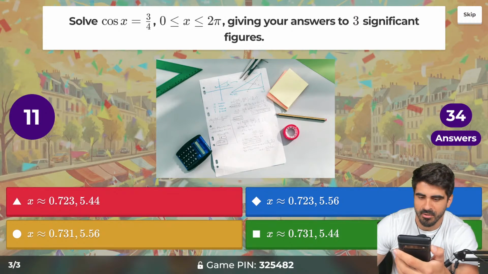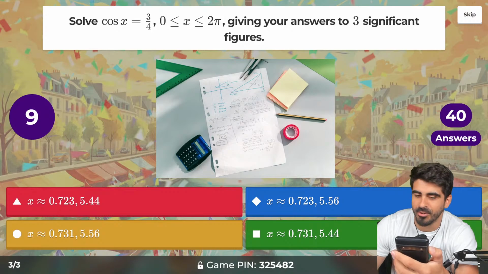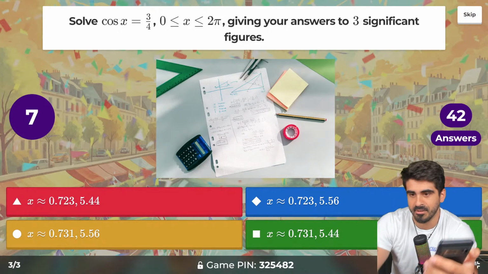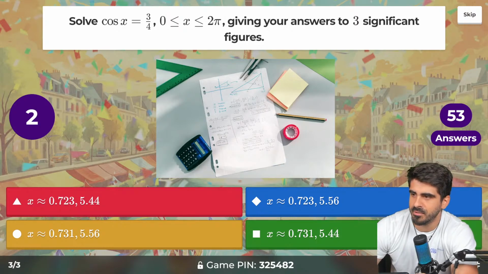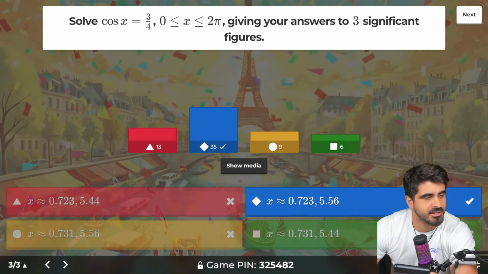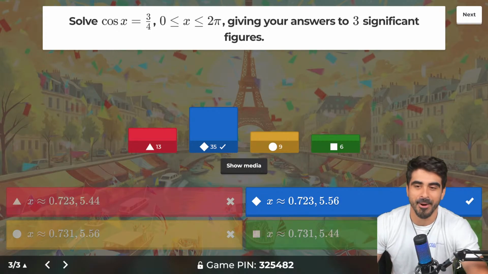Oh, wait, did I do the wrong one? Oh, no. I think... Wait. Did I press the wrong one? I pressed the solution based on the secondary. Oh, I got it. I'm on the podium.